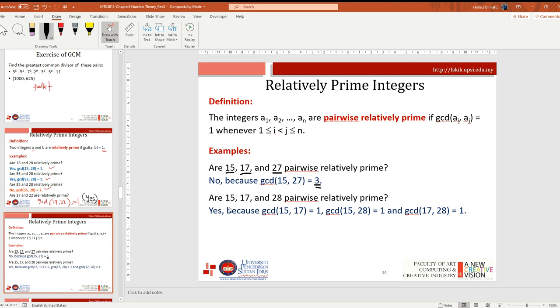Are 15, 17 and 28 pairwise relatively prime? Yes, because the GCD of 15 and 17 is 1, the GCD of 15 and 28 is 1, and the GCD of 17 and 28 is also 1. Then the answer is yes. This one is no.